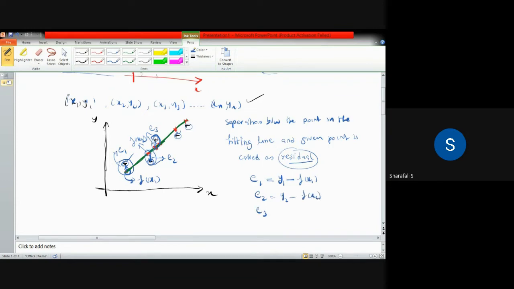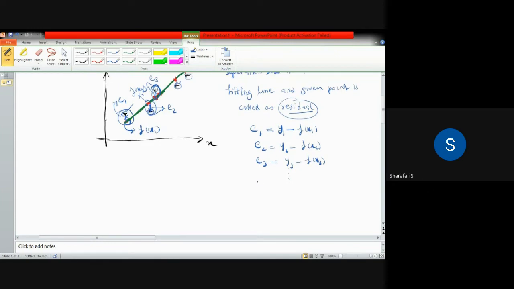E3, the third residual, will be equal to y3 minus f of x3, and so on. So what will be En? En, the nth residual, will be equal to yn minus f of xn.